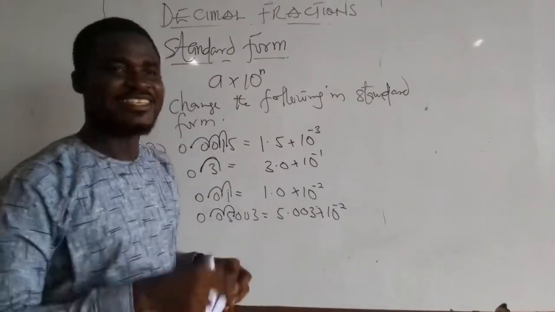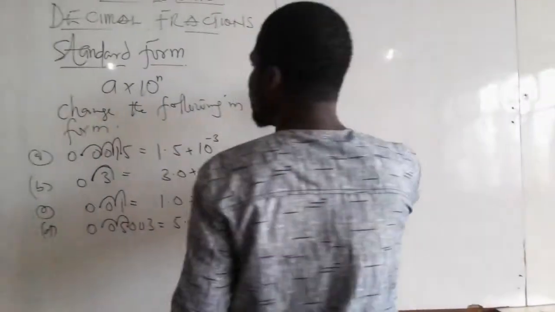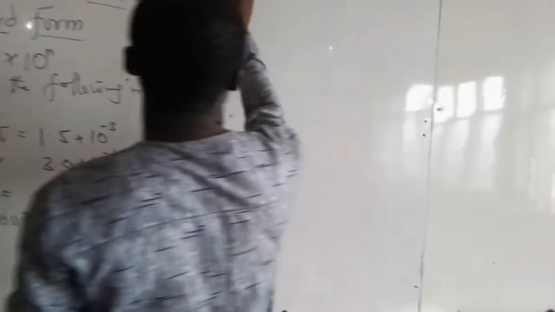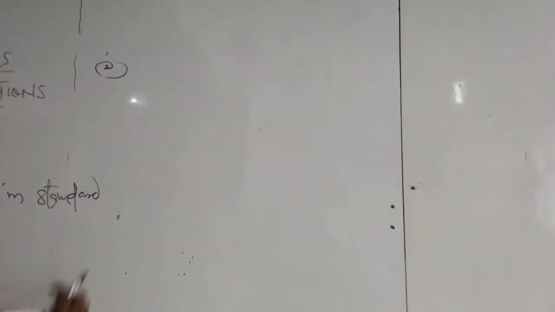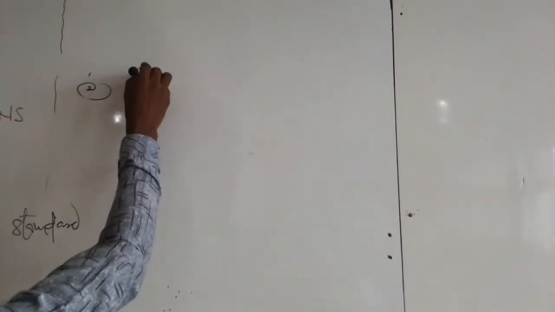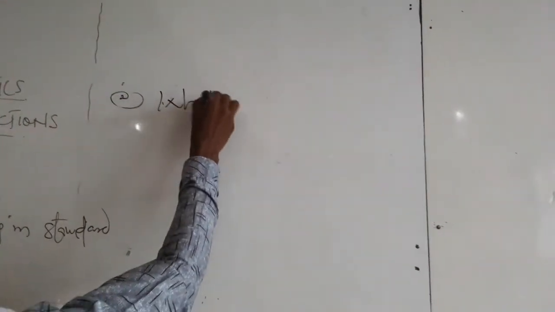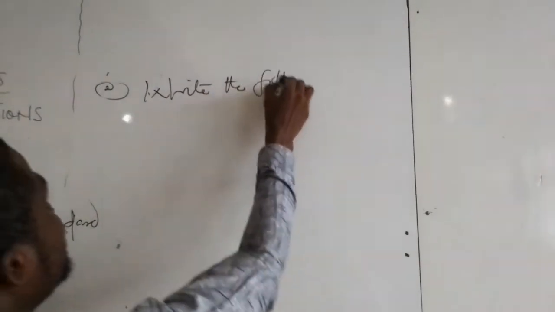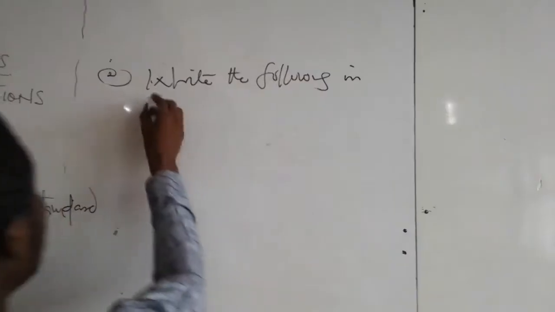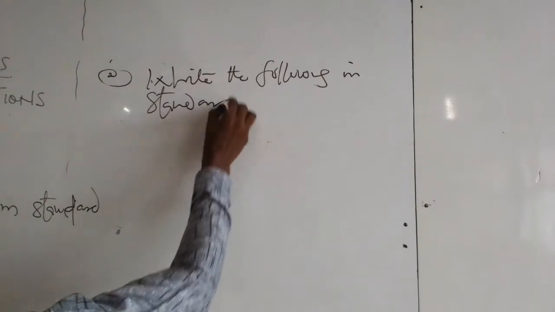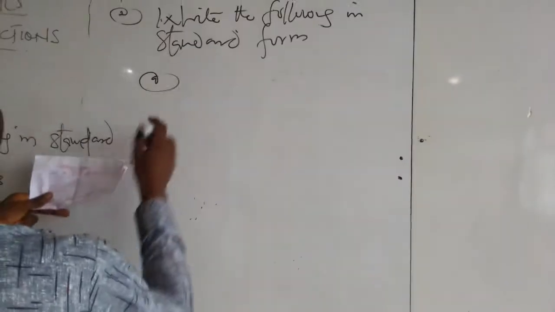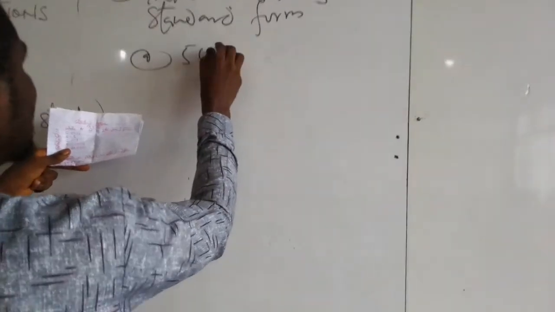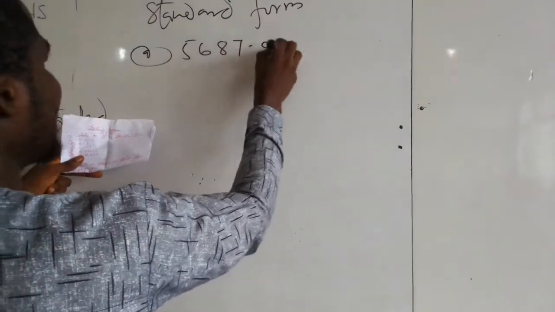Let's try and see. Now let's do example 2. Example 2 says: write the following in standard form. So A, I have 56.05.